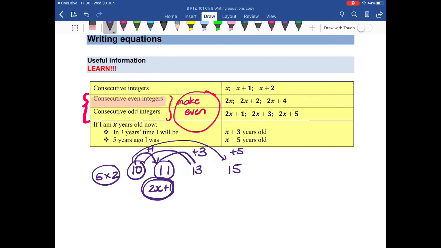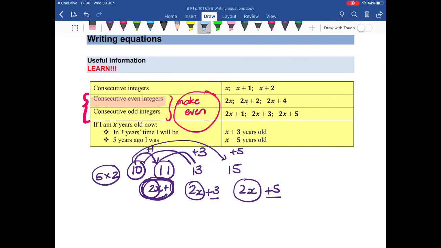So I'm going to take this number, and I'm going to add 3 to it. So it's going to be 2x plus 3, 2x plus 5. So 2x, I make it even, add 1 to make it odd. 2x, I add 3, 2x, I add 5.